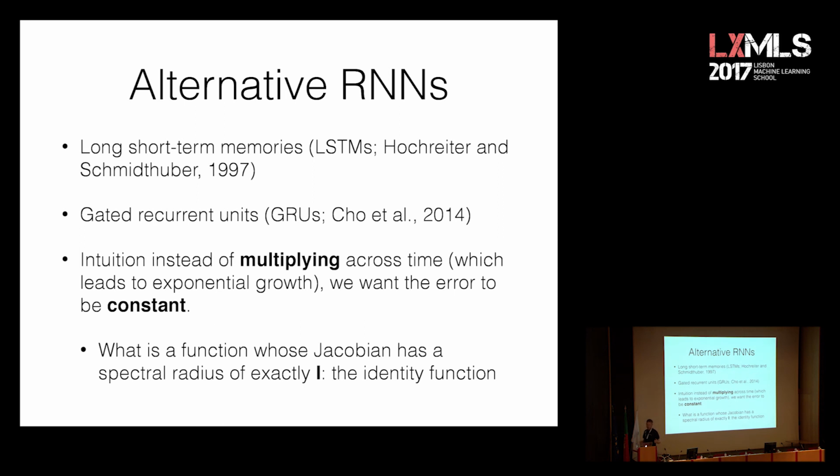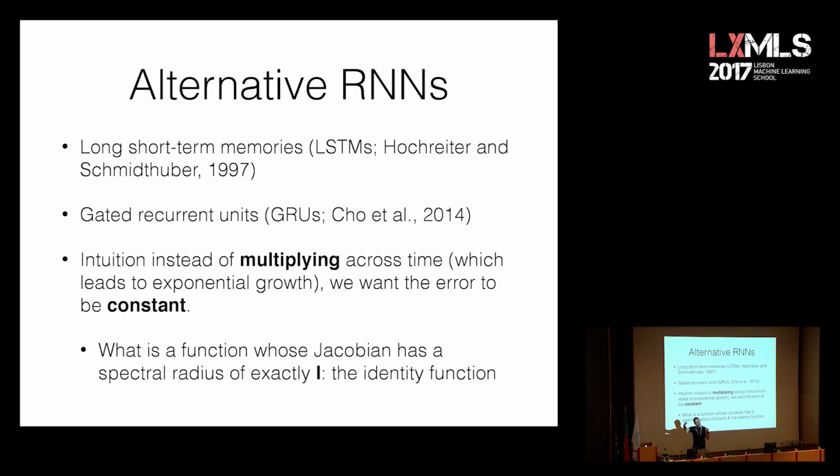So Kyunghyun Cho, who's tonight's invited speaker, and I highly recommend his talk, invented one such alternative called a gated recurrent unit. The intuition here is, we saw the problem when we took the derivative of h_t with respect to h_{t-1}: we had this matrix multiply.